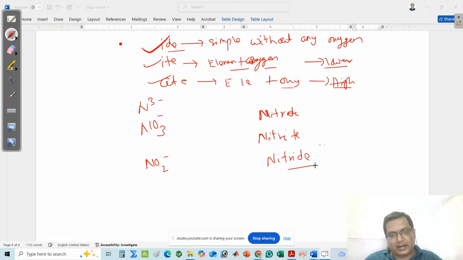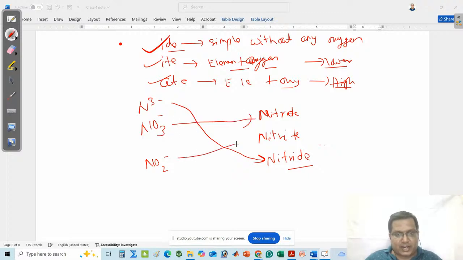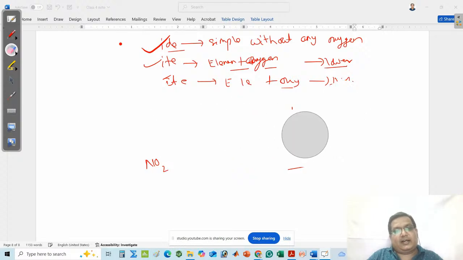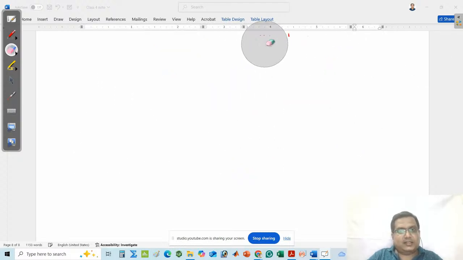Ide means no oxygen. That means this. Ate, higher oxygen. Here 3, here 2 oxygen. You can write here this: nitrite, NO2 minus. There are a few tricks. You can easily identify the names of the radicals.